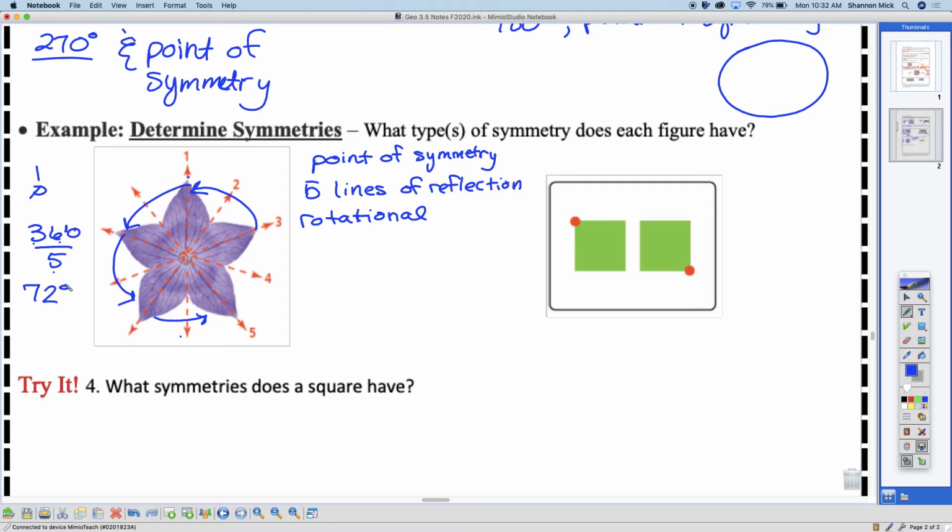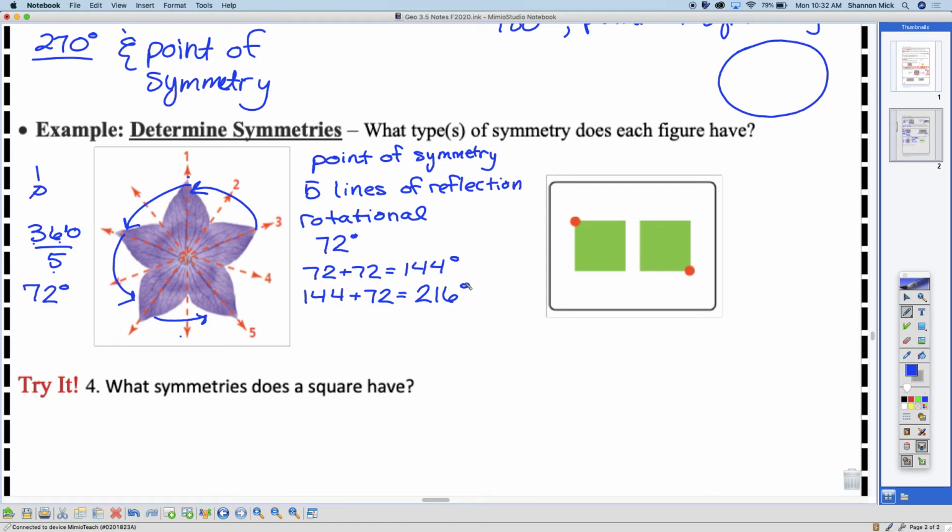Okay, so 72 degrees. And 72 plus 72, right? 144. And then 144 plus 72 would be 216.